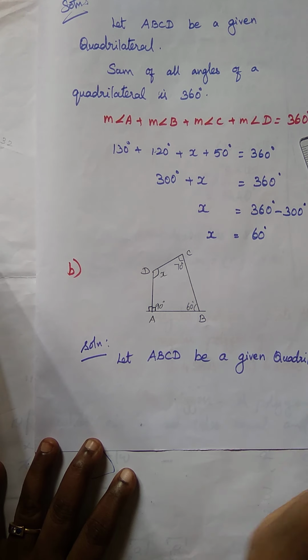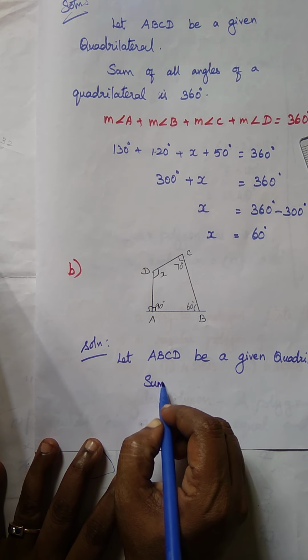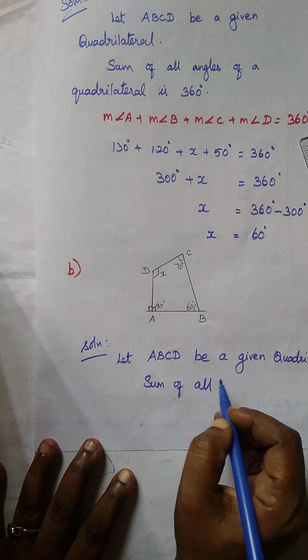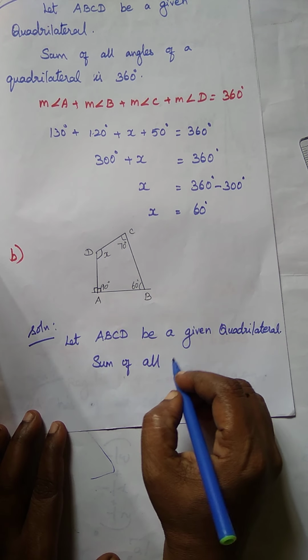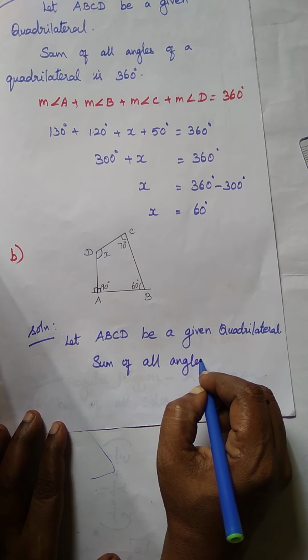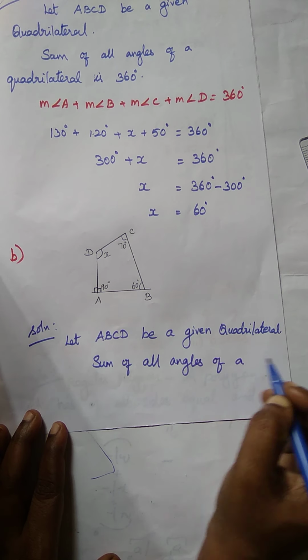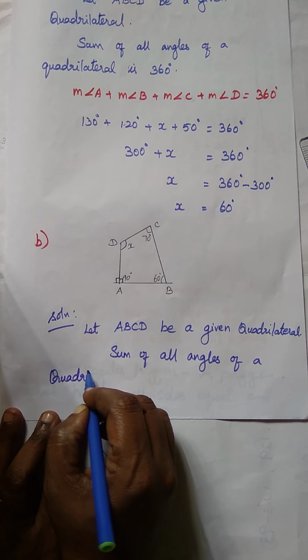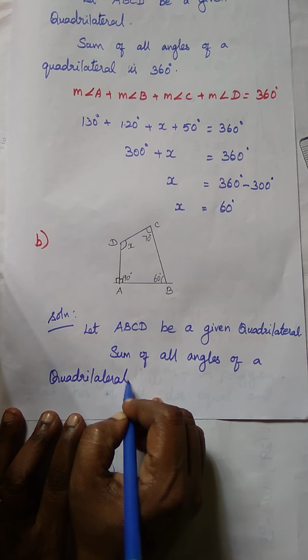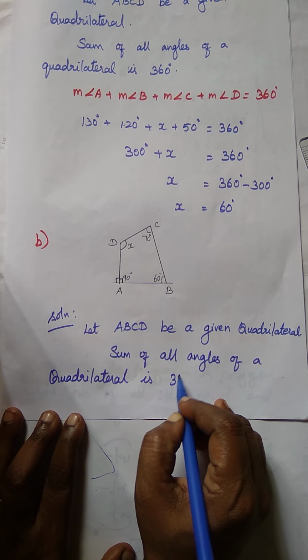The same law, sum of all angles of a quadrilateral is 360 degree.